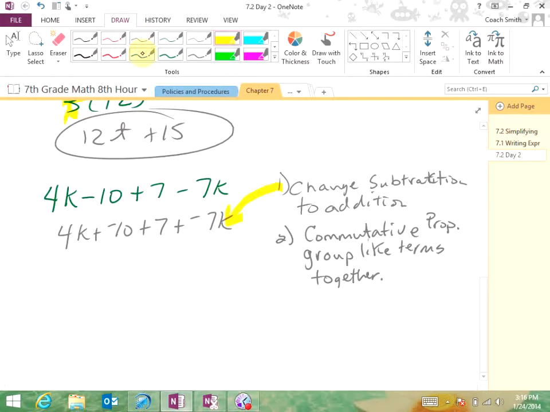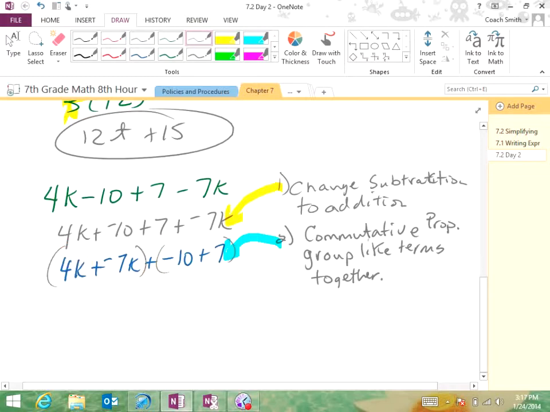Step 2 is to take the 4k plus the negative 7k plus negative 10 plus 7. Using the commutative property to have basically this. I just basically put the things that are alike together.